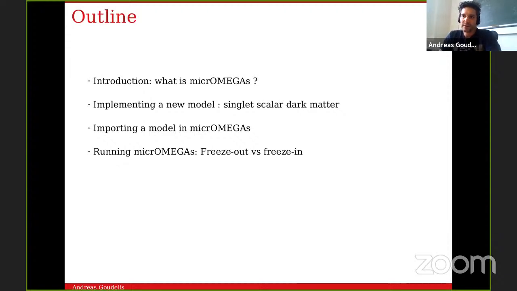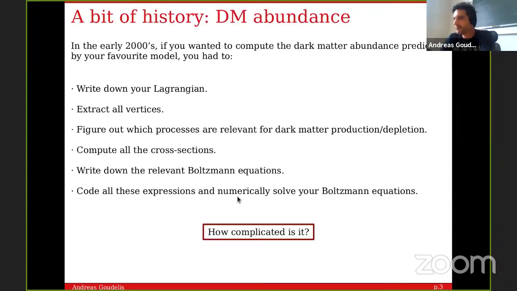Then, for the three remaining parts, we will delve into the various steps of the process of moving from the level of a Lagrangian that we have in our heads to implementing this Lagrangian into micrOMEGAS and doing some terminology with the program. I already said that micrOMEGAS is a program, of course, and we'll go on to say a few more things about that.